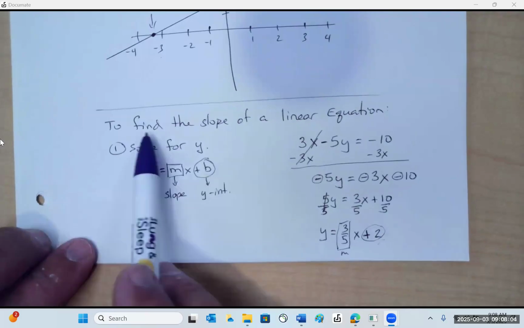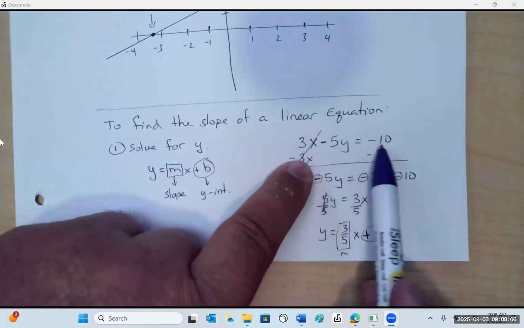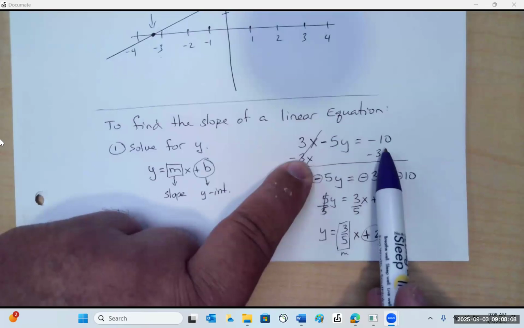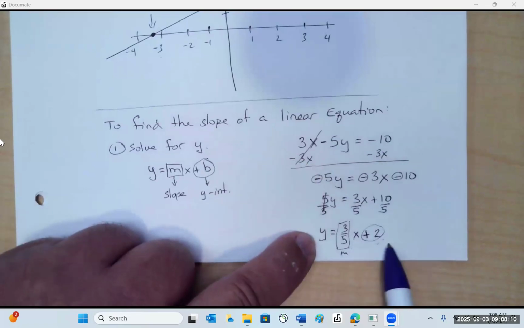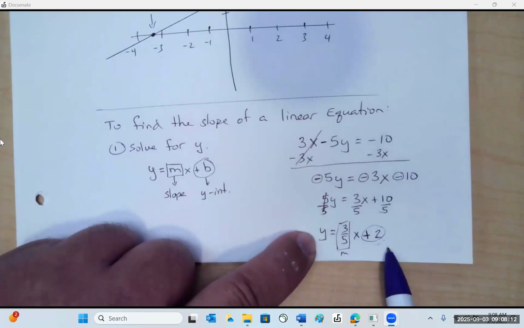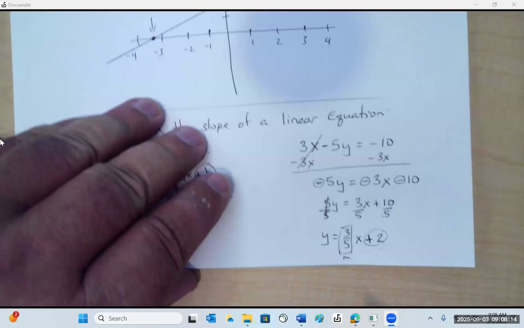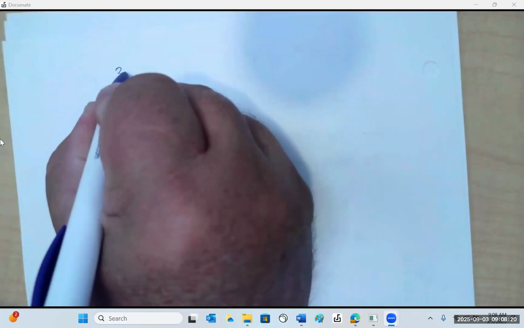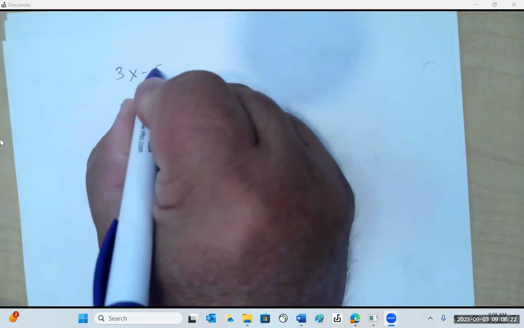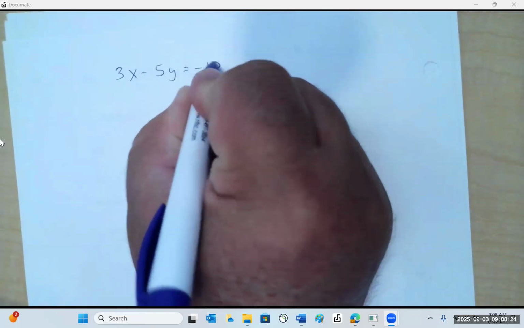So to draw the graph of this line with this equation, remember we started off with 3x minus 5y equals negative 10.